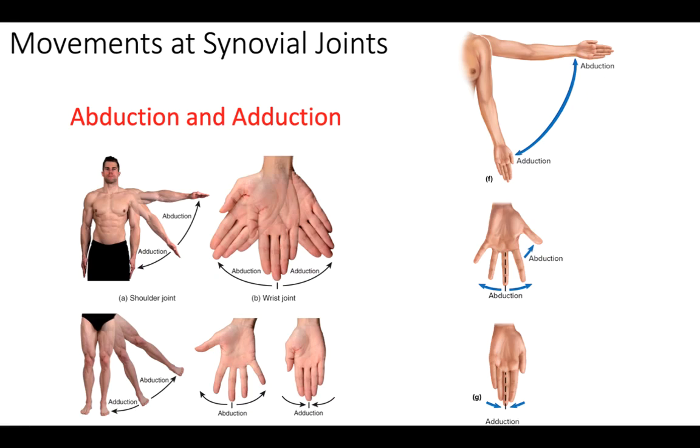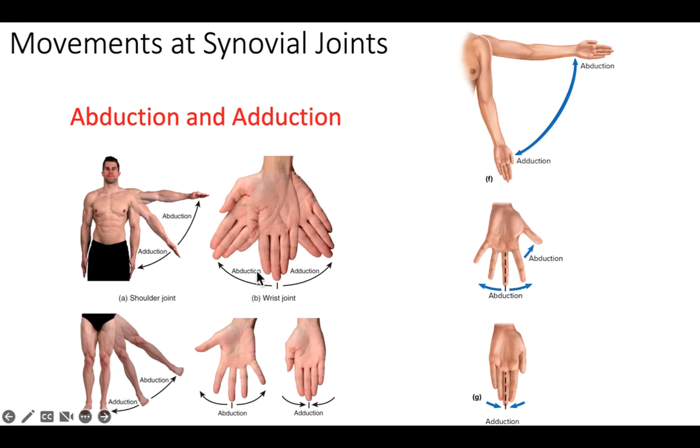So when you take a body part away, it's abducting. When you bring it back, it's adducting. This is abduction and adduction at the shoulder joint. You can abduct and adduct at the hip joint. Moving that leg away is abduction. Moving it back in is adduction.